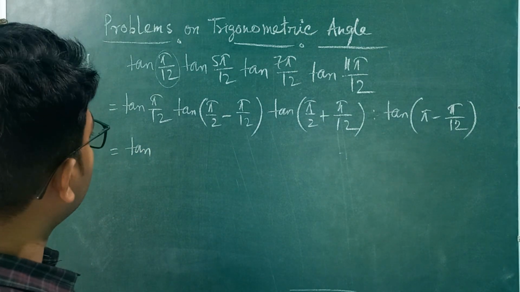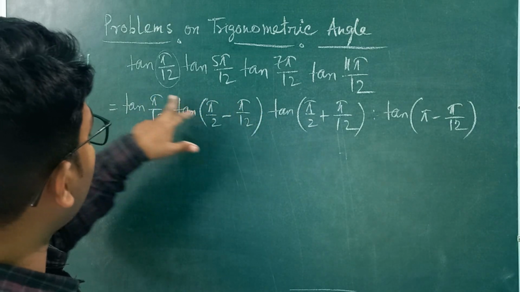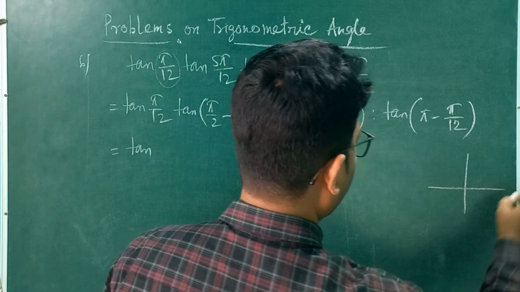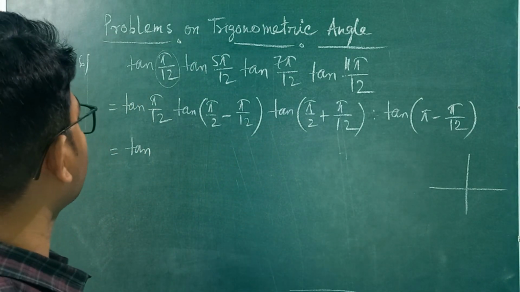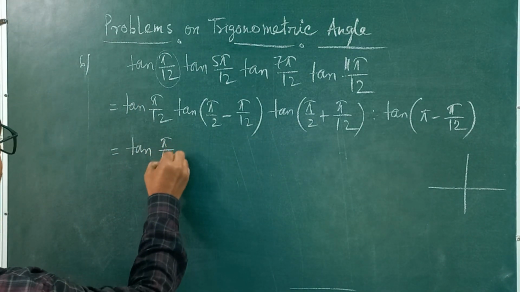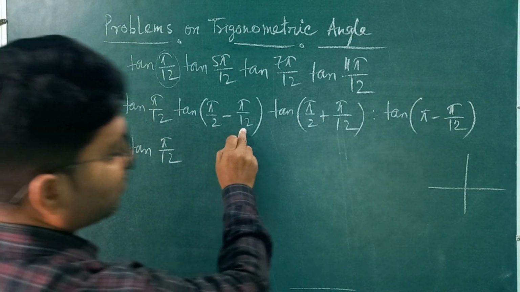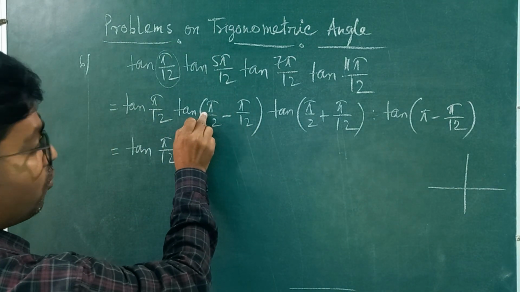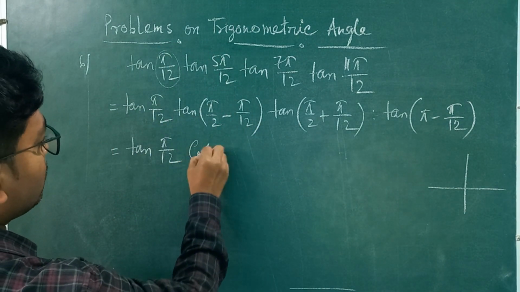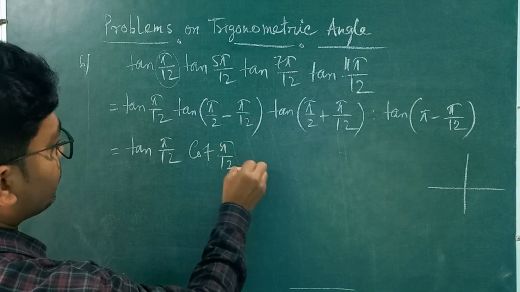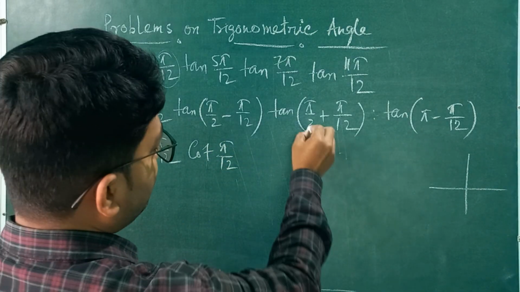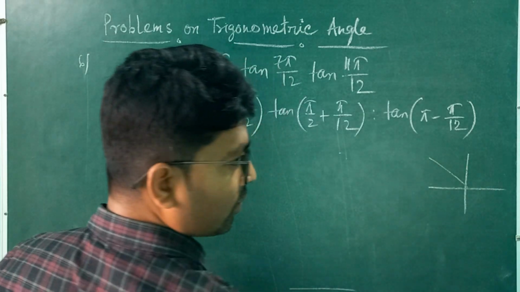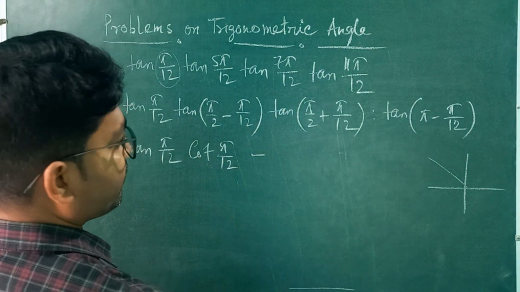Now, here all the trigonometric ratios are in square, so you have to check the quadrant. This one, pi by 2 minus pi by 12, is in the first quadrant. First quadrant means positive, and as this is odd multiple of pi by 2, this one becomes cot pi by 12. This one, pi by 2 plus pi by 12, pi by 2 means 90 plus, is in the second quadrant, in second quadrant tan is negative.